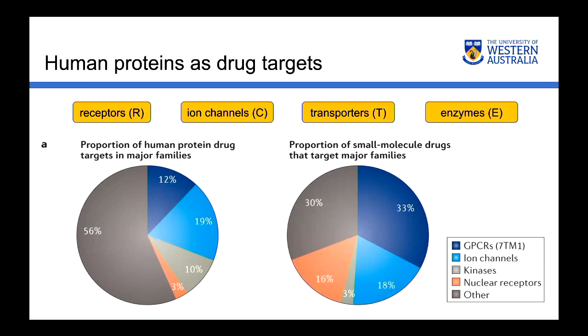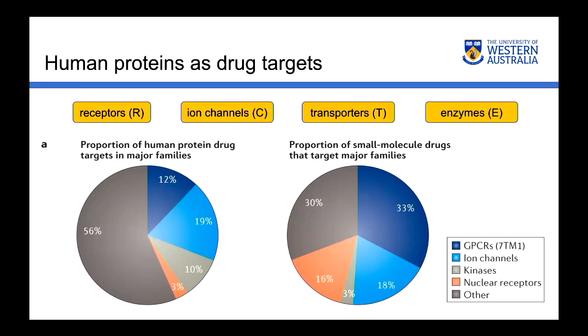Okay, so going back to the 4 groups of proteins, and you will see receptors, ion channels, transporters, and enzymes again. Now, these 2 pie charts show you the drug targets in each family and the number of targets targeted by a range of small molecule drugs. I want to draw your attention to the pie chart on the right hand side. You will see that quite a significant proportion of drugs target G protein coupled receptors, and there's another portion, nuclear receptors.